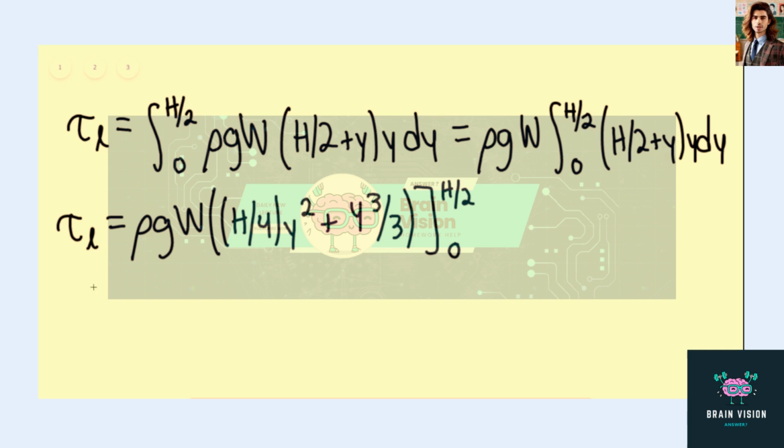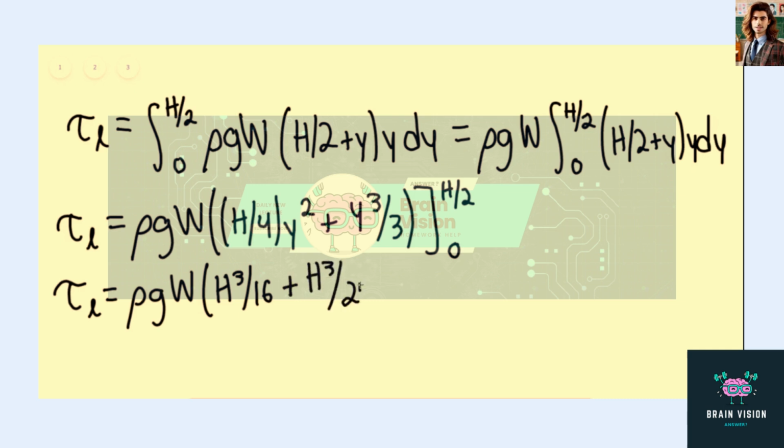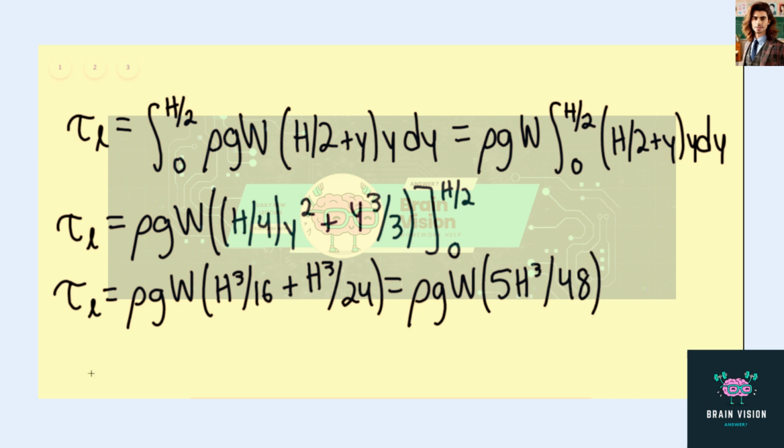This is giving us rho g w times h cubed over 16 plus h cubed over 24. This is giving us rho g w times 5h cubed over 48.